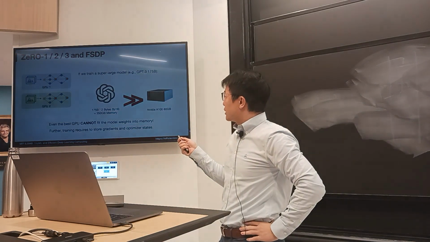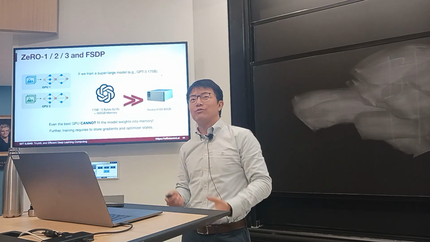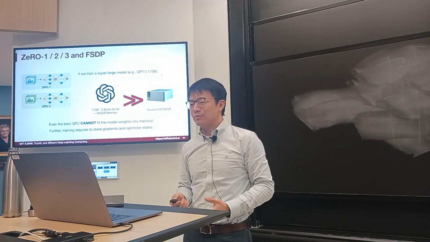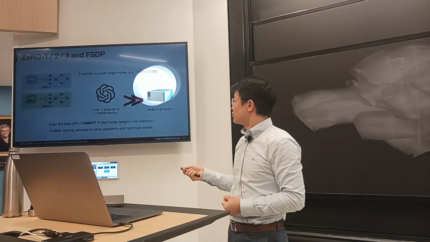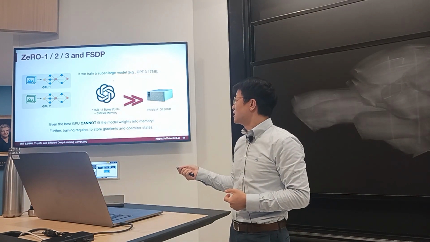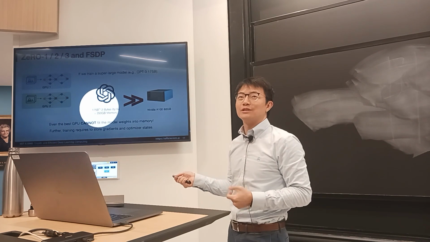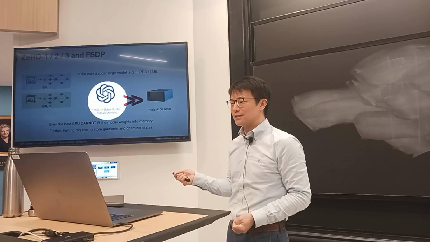So recently, large language models are pretty big. Like GPT-3 is 175 billion parameters. If we train it even in FP16, just to hold those weights, how much memory do we need? We need 350 gigabytes of memory just to hold the weights, not to mention the activations, the gradients, the optimizer state.